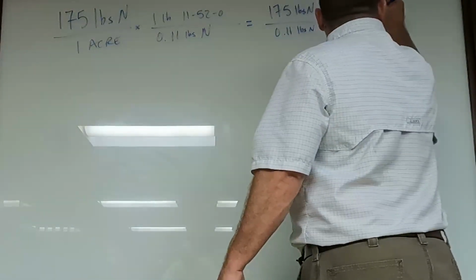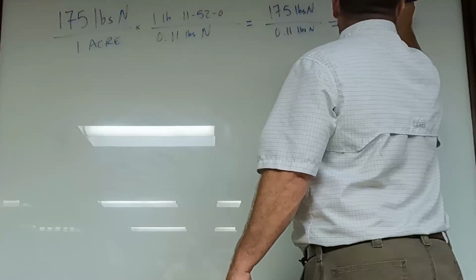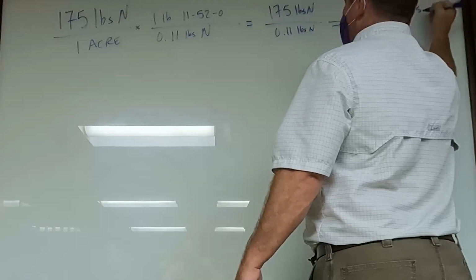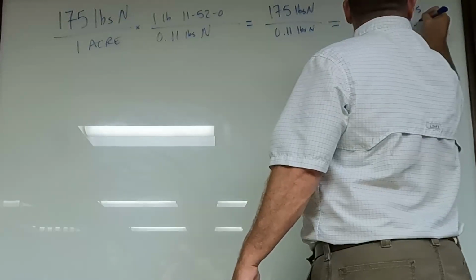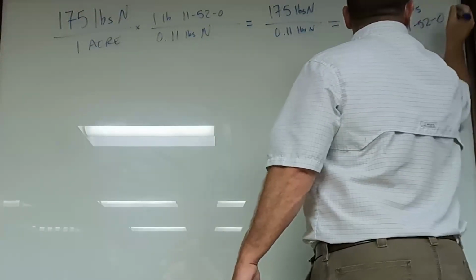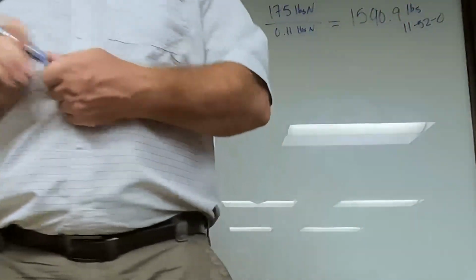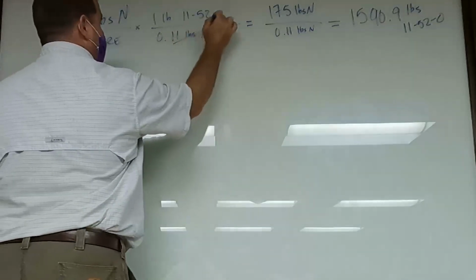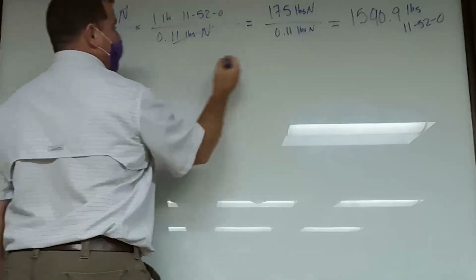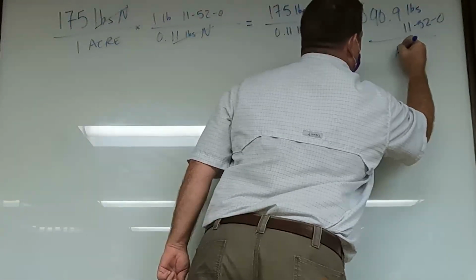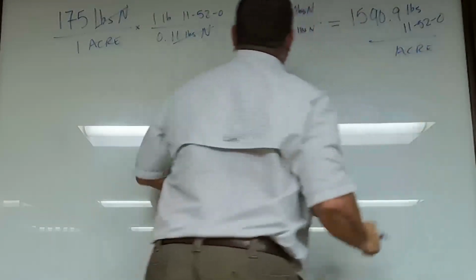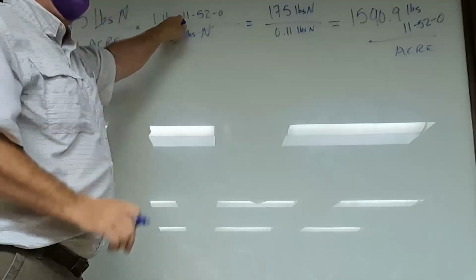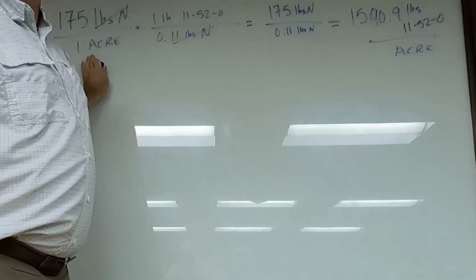So 1,590.9 pounds of 11-52-0. Our pounds of N are going to cancel here, and we're left with our units being 11-52-0, which is the fertilizer material, over our area.